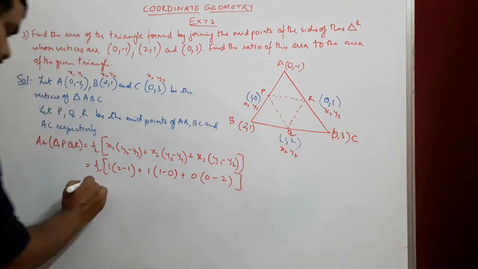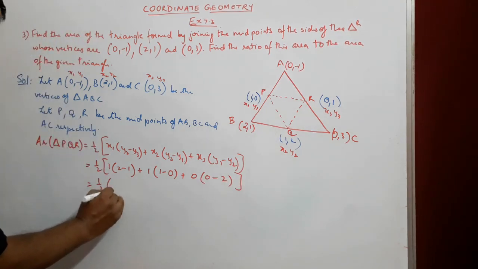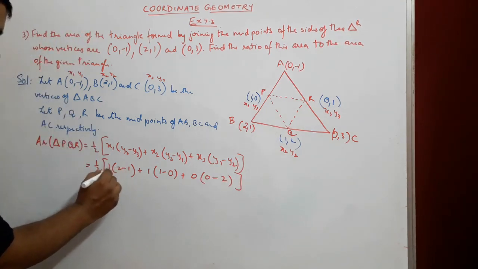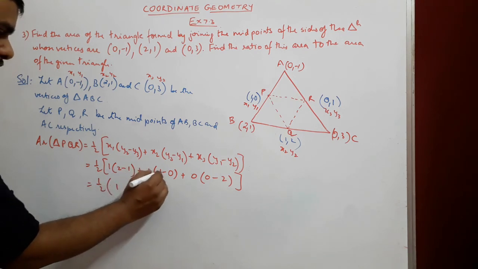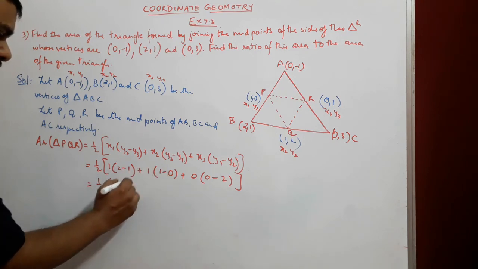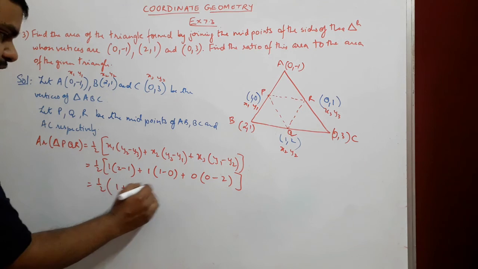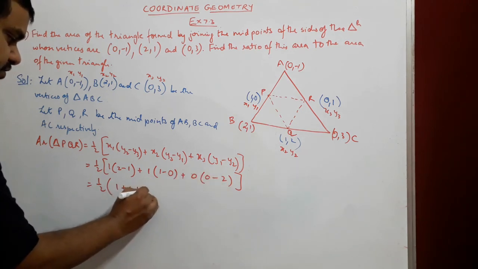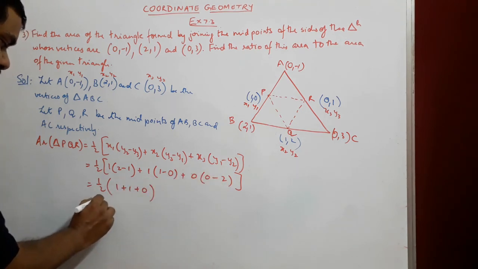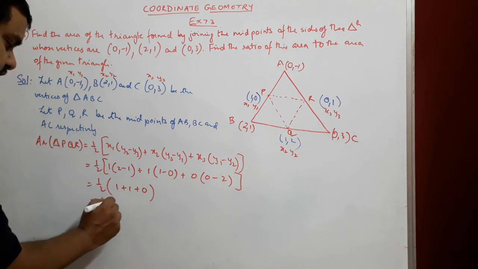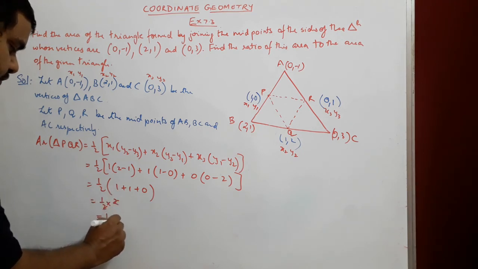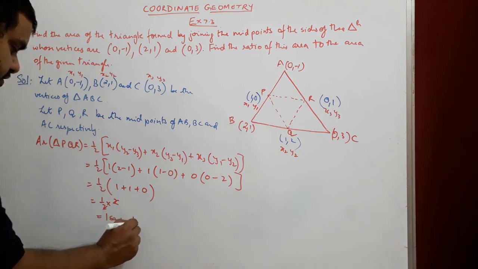The bracket. Half into 2 minus 1 is 1, 1 into 1 is 1, 1 minus 0 is 1, 1 into 1 is 1, plus 1 and 0 into anything is 0. So here we have half into 1 plus 1 is 2, 2 and 2 cancel, and we are left with 1 square unit. Okay.